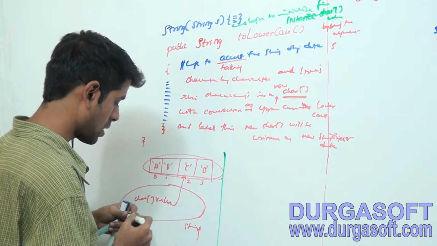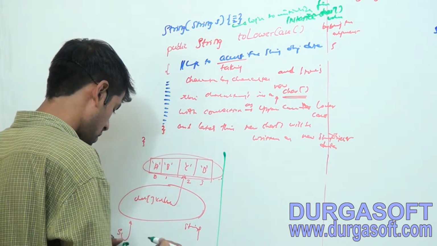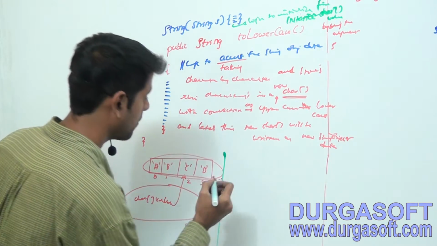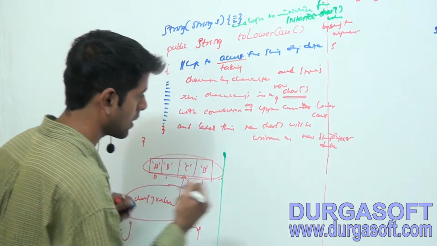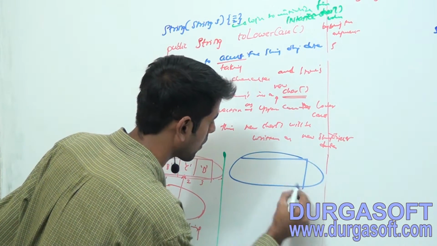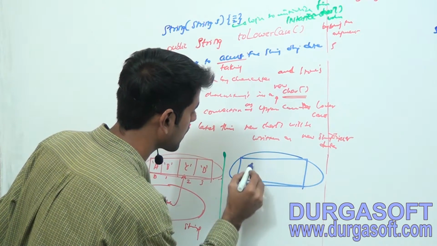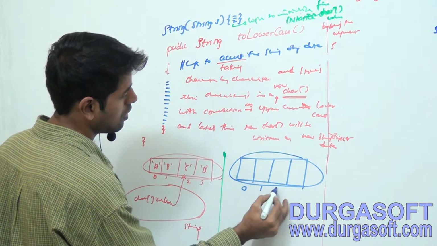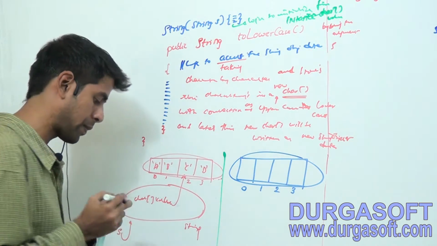Now observe here, this is storing. Now think that it has created one new char array with 4 blocks: 0, 1, 2, 3.